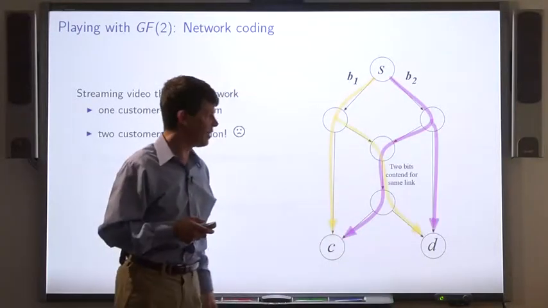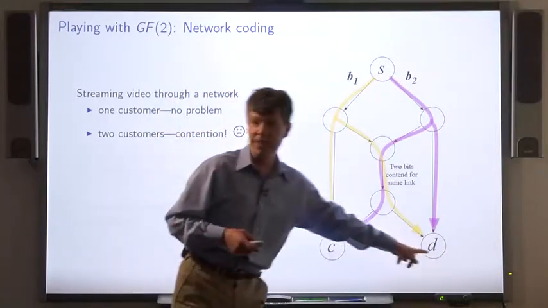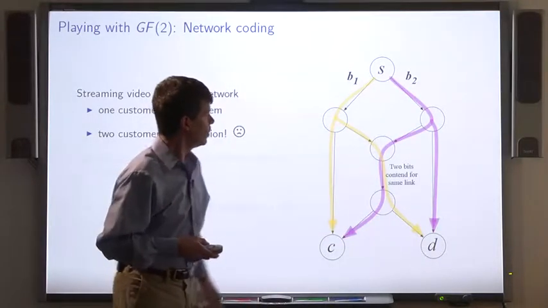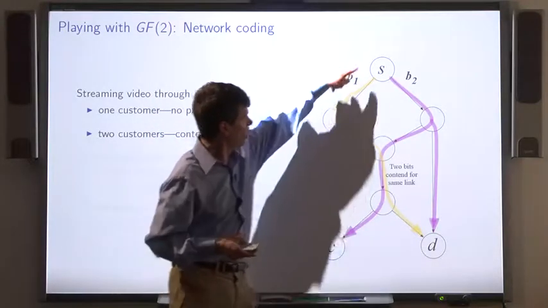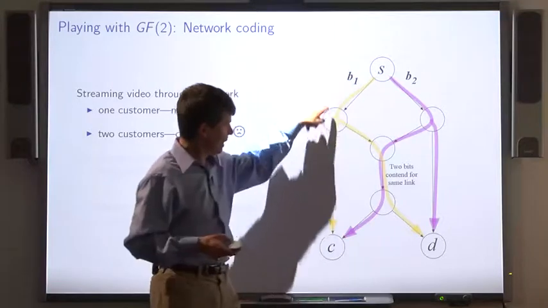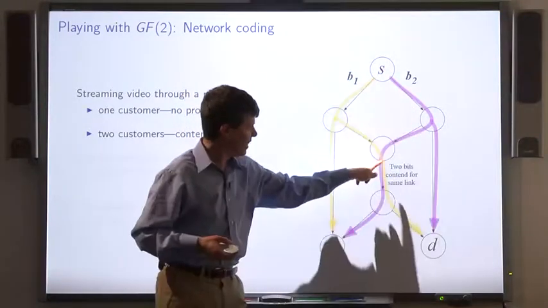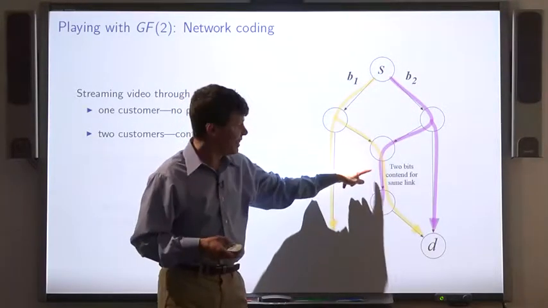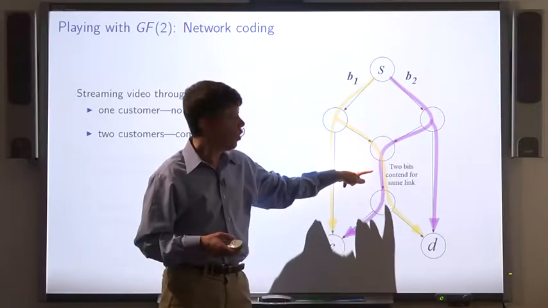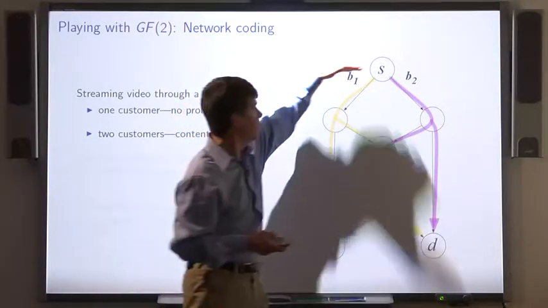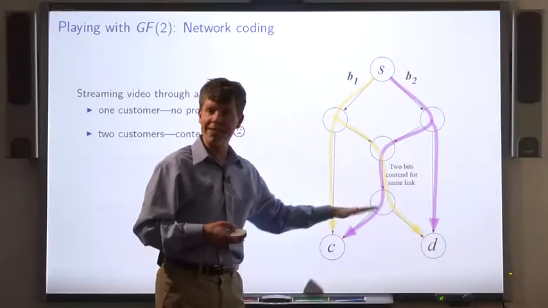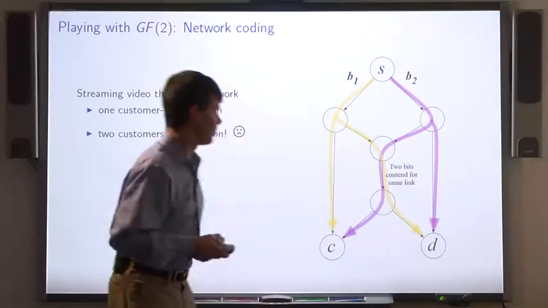But now suppose that there are 2 recipients of the video stream. Well, 1 bit is being sent this way, 1 bit is being sent this way, but there's contention on this link. So you can't directly stream 2 bits per unit time through this network to both receivers.